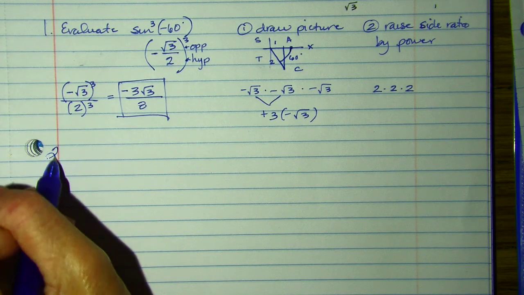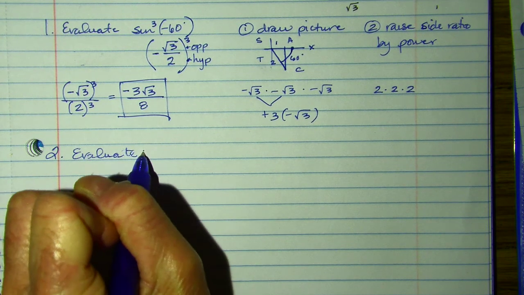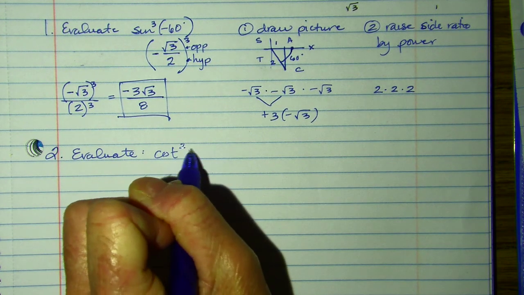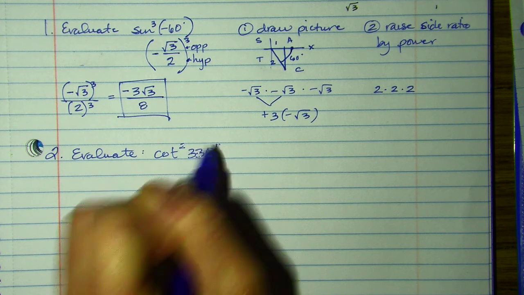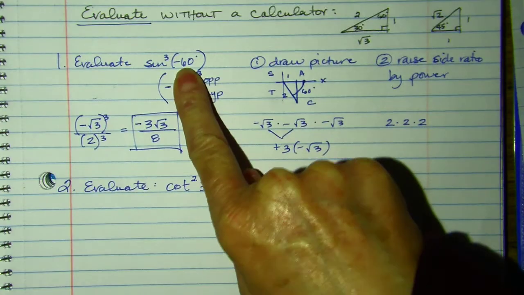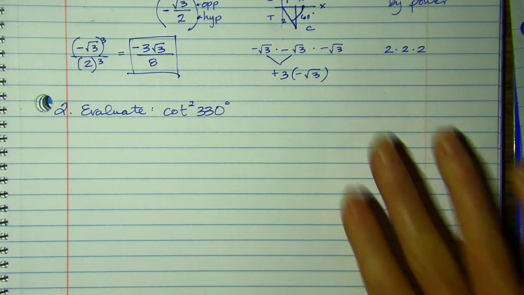Next one. We're going to do more complicated ones. Evaluate the cotangent squared of 330 degrees. For some reason, the book always puts the negative degrees in parentheses, and your positives aren't.